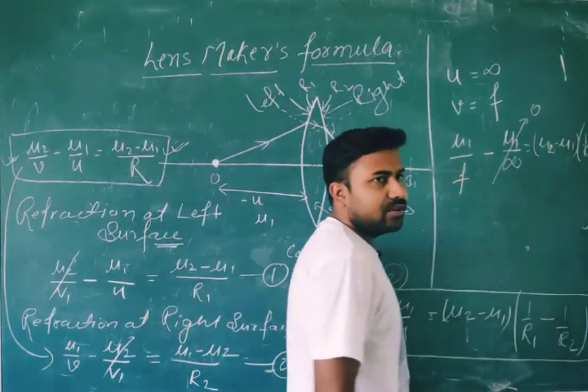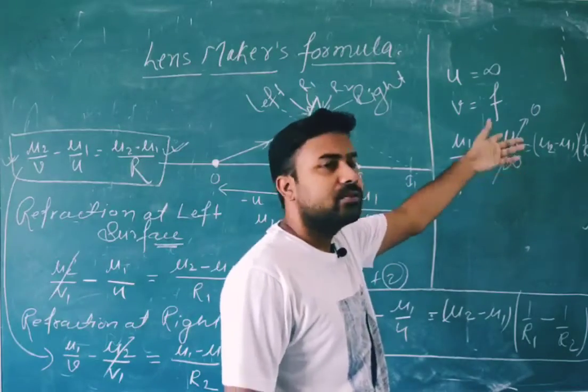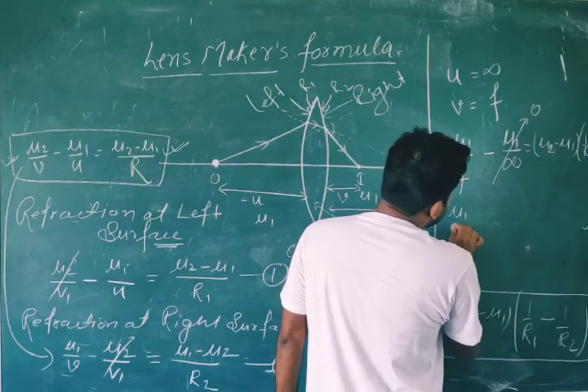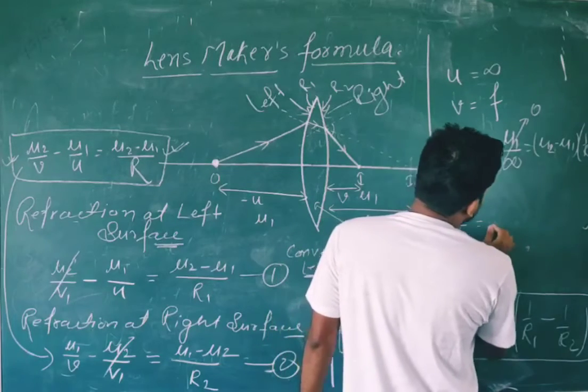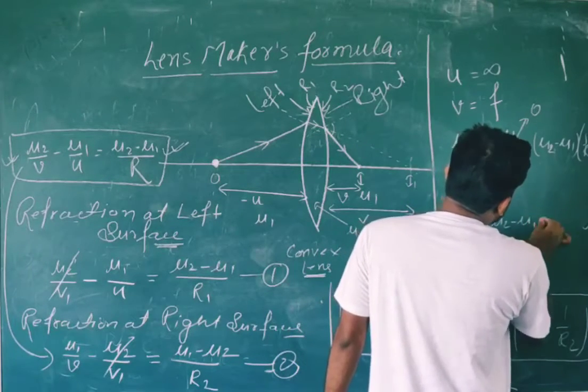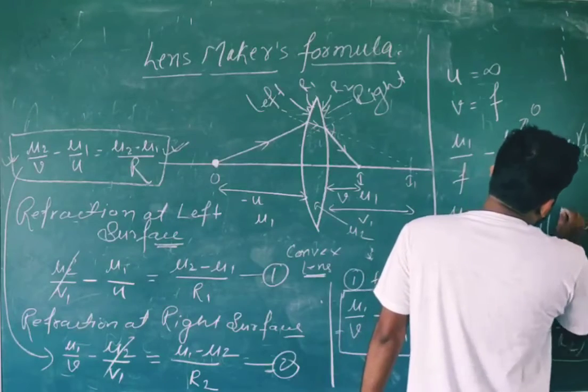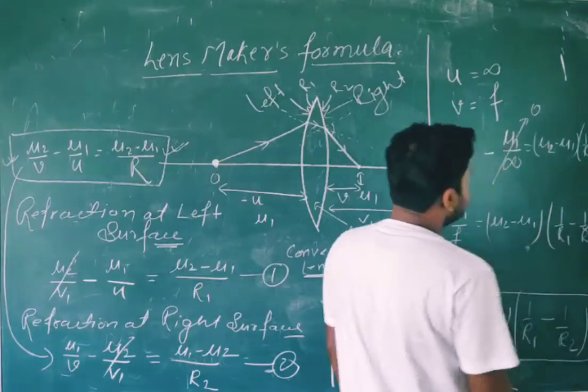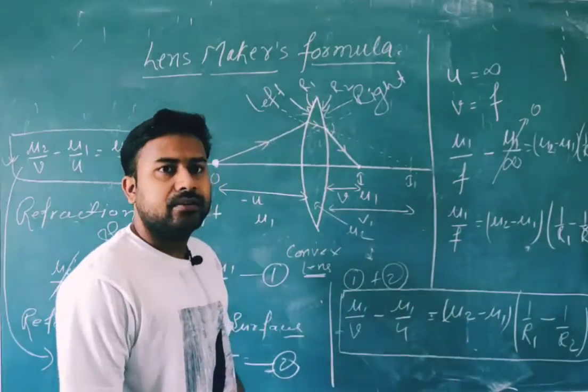This will be 0, because if you divide any quantity by infinity, you get 0. So here we are getting mu1 divided by f is equal to (mu2 minus mu1) into (1 by r1 minus 1 by r2). Okay students, so this is the formula for focal length.